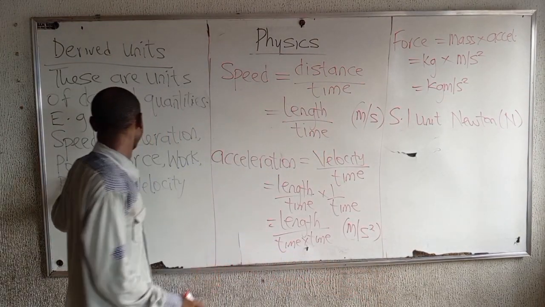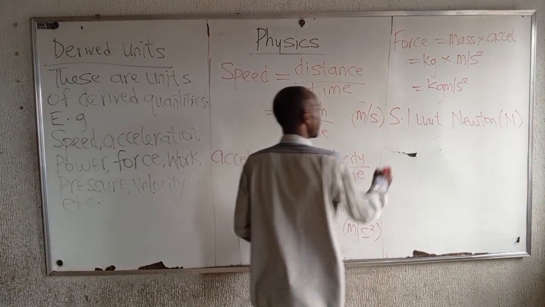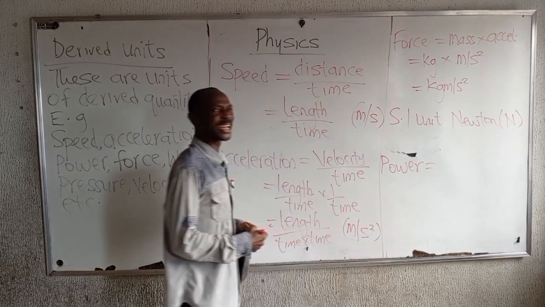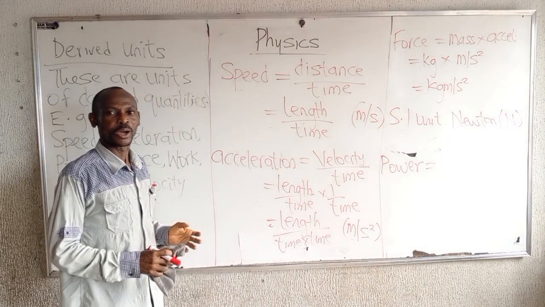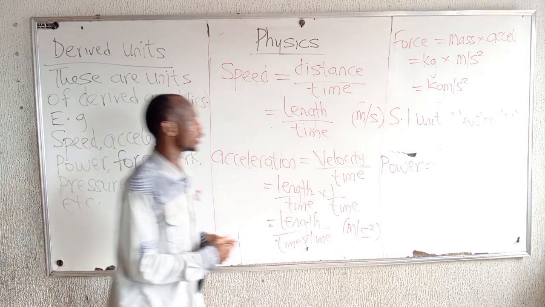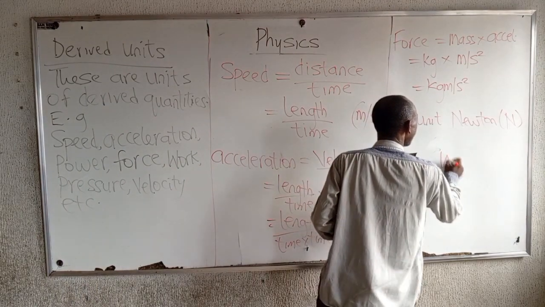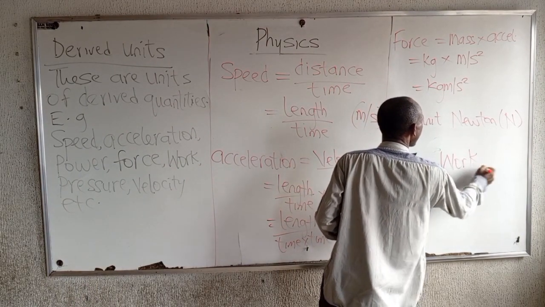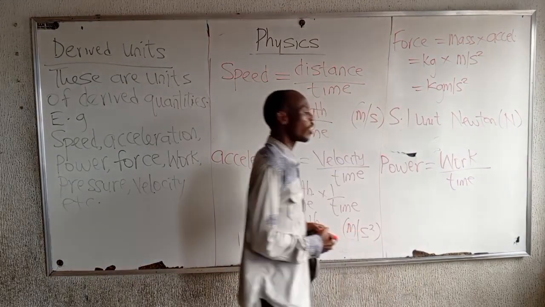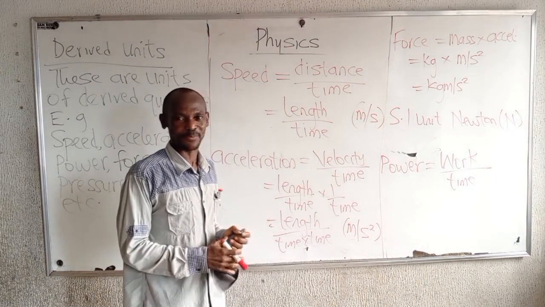Let's look at another one, power. Power is another derived quantity. And what is power? Power is work all over time.